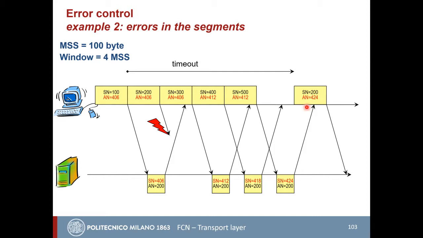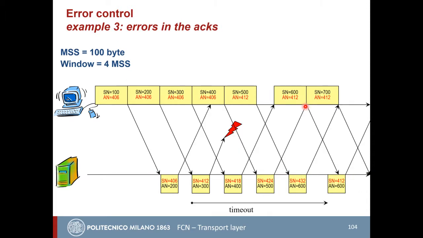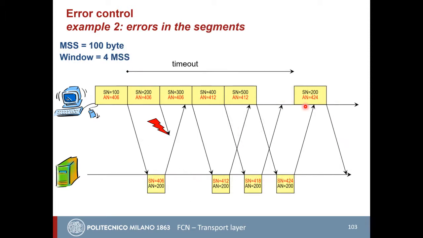So here the second segment is retransmitted, and we can imagine, although it is not specified, that once the receiver gets this segment, it will reply with a cumulative acknowledgement that acknowledges also all the other segments that have been received but are out of sequence. So they were not thrown away but kept in the buffer.